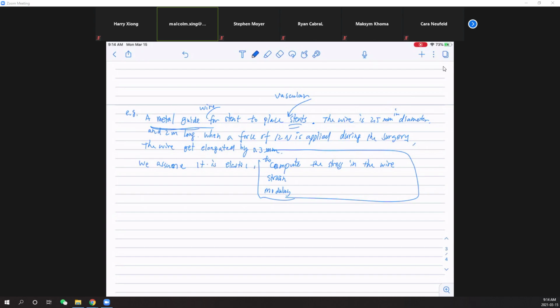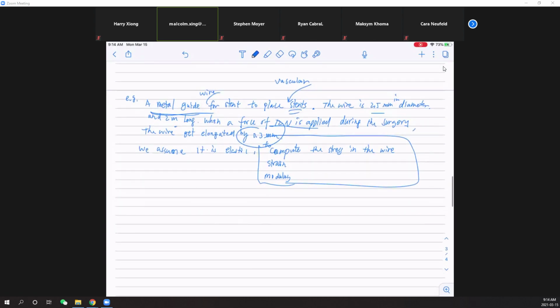So first one, we know the force in the surgery, and we know the size, and we also know under this force we get the elongation, that's 0.3 millimeters. So first one, we get the stress. So we know the stress, right? So first one, we should know the area.